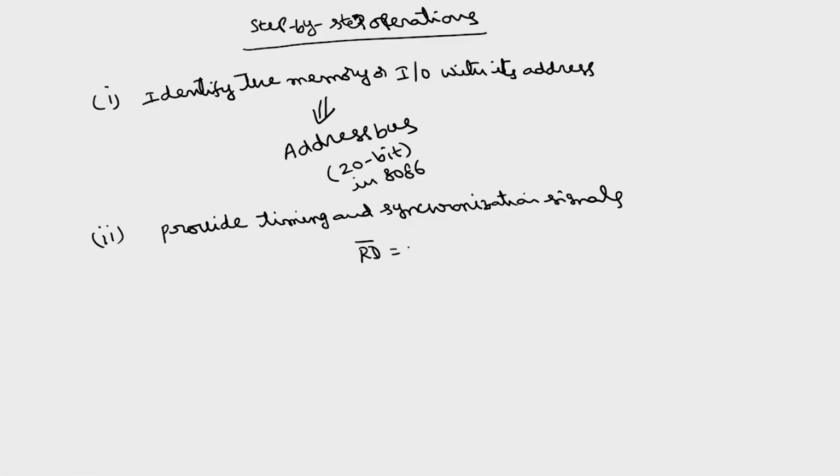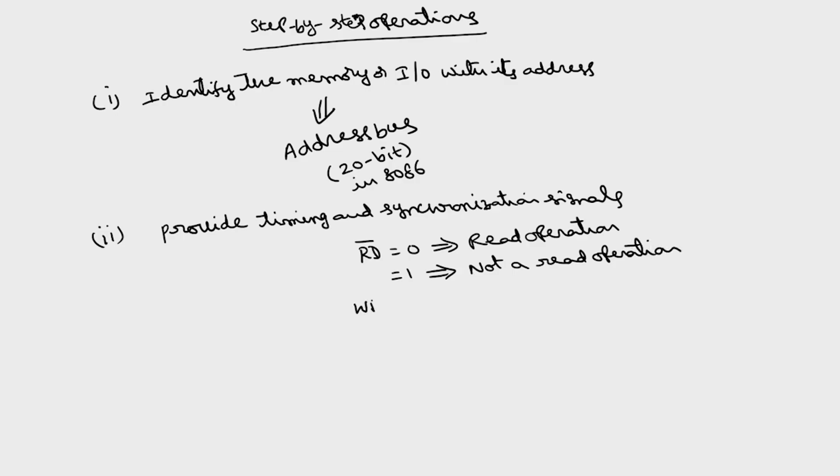If read bar is 0, it implies a read operation, because this is an active low signal. If read bar is 1, it is not a read operation. Similarly, if write bar is 0, it implies a write operation. Write bar is 1 means not a write operation.